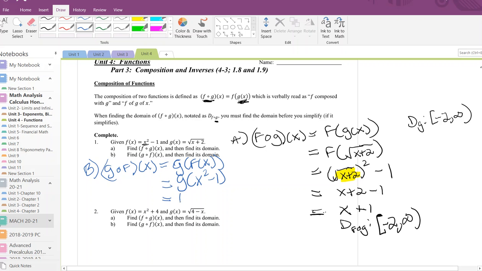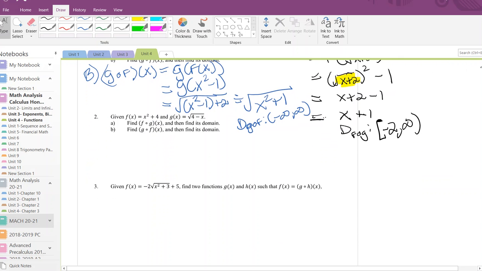So then we take x squared minus 1 and then add 2. So we get the square root of x squared plus 1. Now x squared plus 1 can never be negative because you can't square a number and add 1 and get negative. So therefore the domain of g of f is all real numbers.